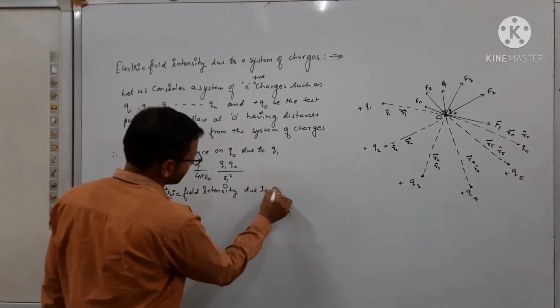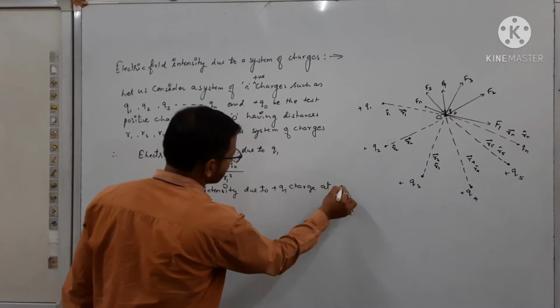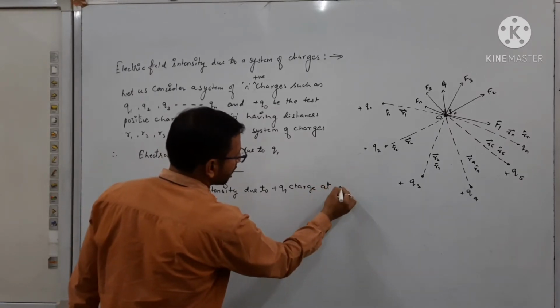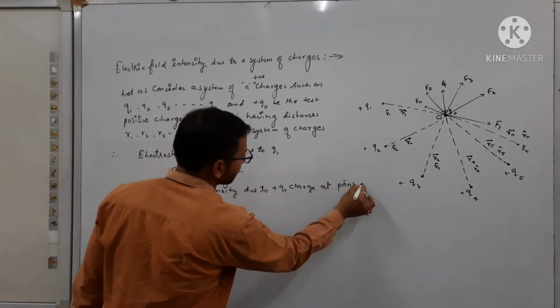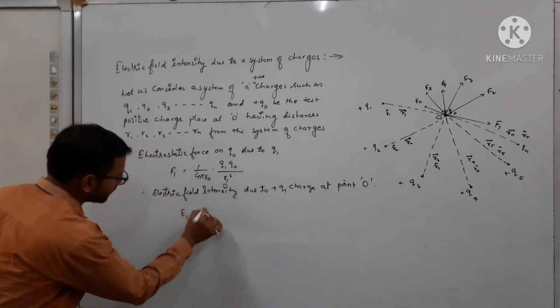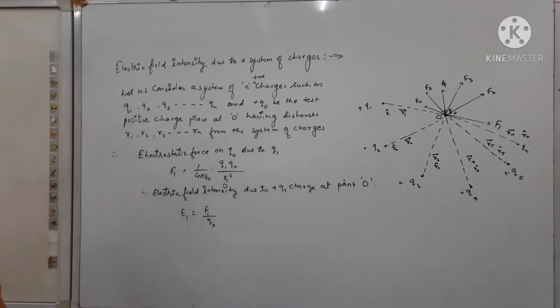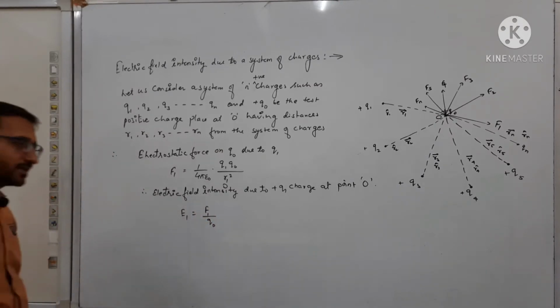Now after that, therefore the electric field intensity due to plus Q1 charge at point O. So it will be E1 is equal to F1 over Q naught, from the definition of electric field intensity.